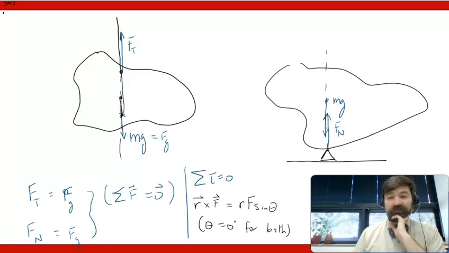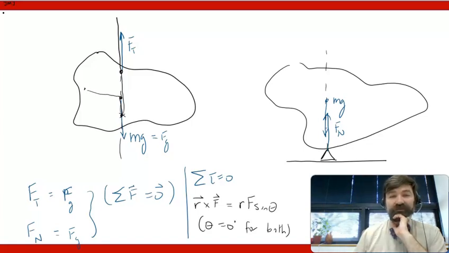And it can be shown, though I will not because this video would be very long, that if I picked a different axis of rotation, say over here, and I wanted to find for each of these that the sine of the angle times r is such that I get the same value but opposite directions for both of these two forces.